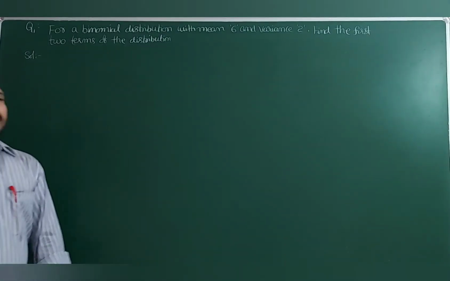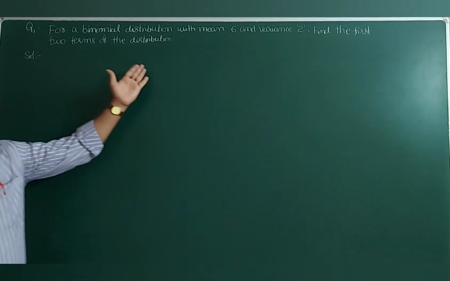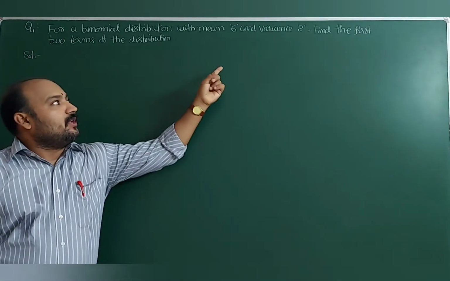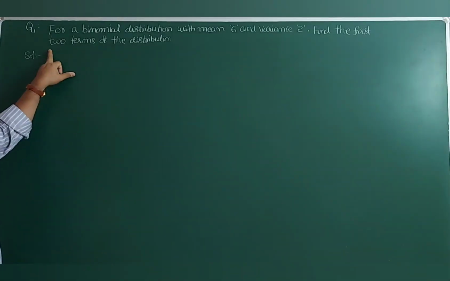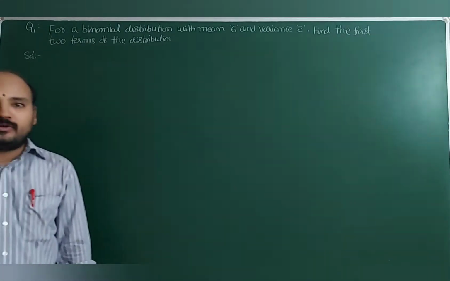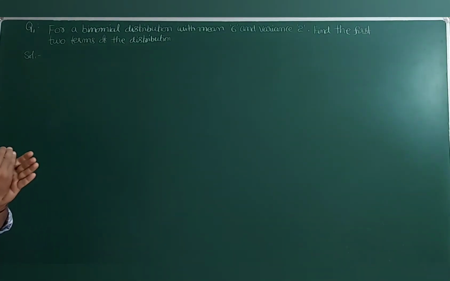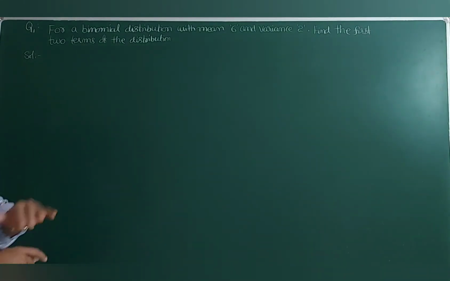We have to understand what we need to calculate from the question and then calculate the respective values. First question: for a binomial distribution with mean 6 and variance 2, find the first two terms of the distribution. First, what values are given in the question?